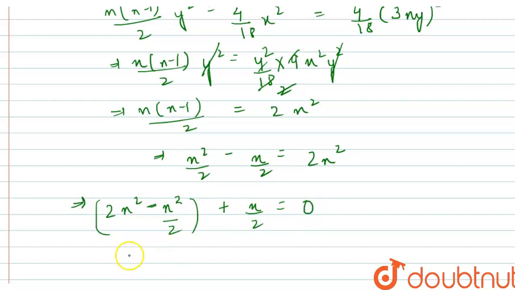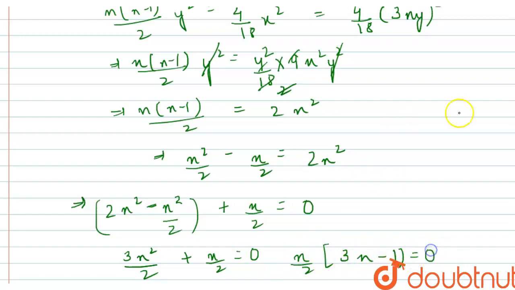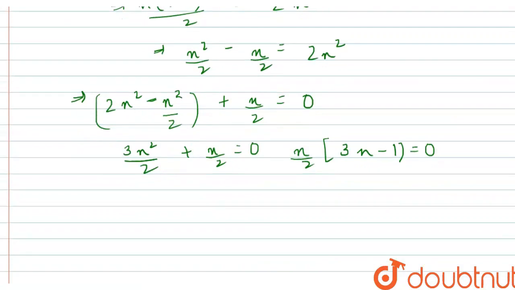So what I'm left with is 3n square by 2 plus n by 2 is equal to 0. Taking n by 2 common, I'm left with 3n minus 1 is equal to 0. So there are only two possibilities. The first case is that n by 2 is equal to 0, and the second is 3n minus 1 is equal to 0, which corresponds to n equal to 1 by 3.